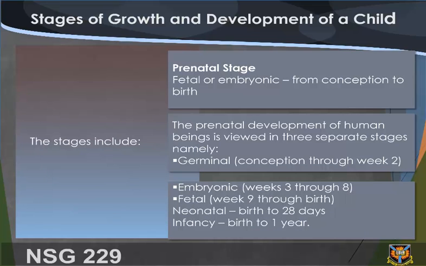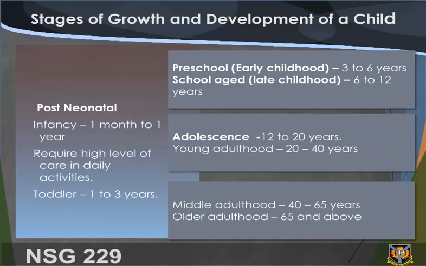The stages include prenatal stage, fetal or embryonic, from conception to birth. The prenatal development of human beings is viewed in 3 separate stages, namely germinal, conception through week 2; embryonic, weeks 3 through 8; fetal, week 9 through birth. Neonatal, birth to 28 days. Infancy, birth to 1 year.